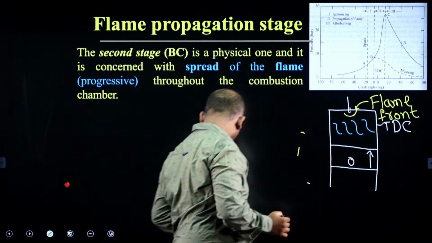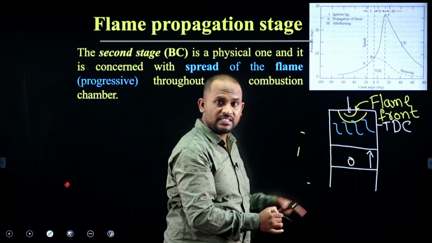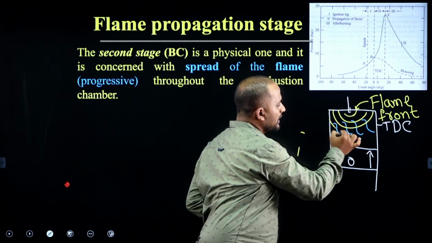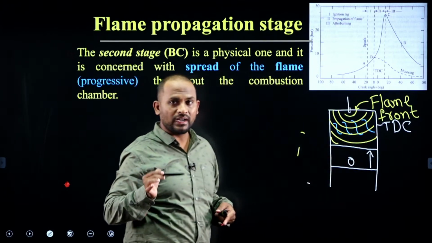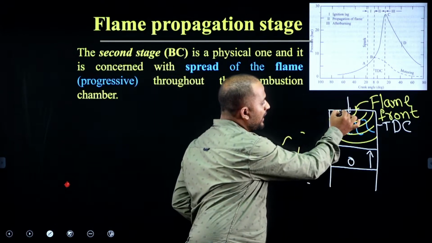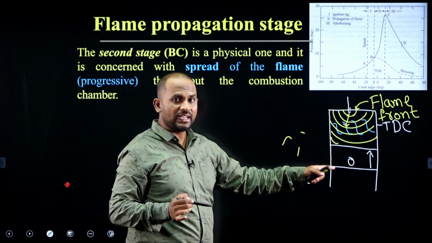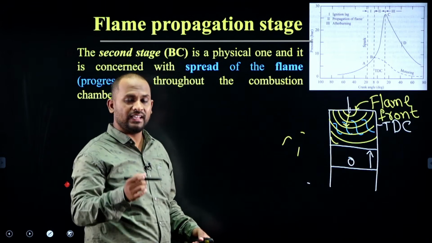So in this way the flame will be propagated to the next level, and again the next flame will be created. So all the fuel particles will be burned because of the flame propagation.